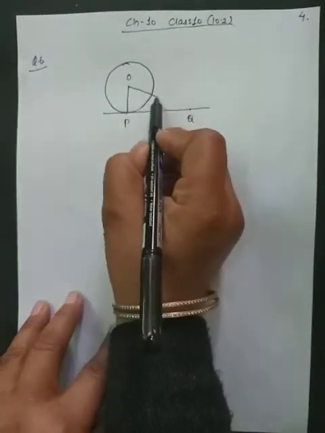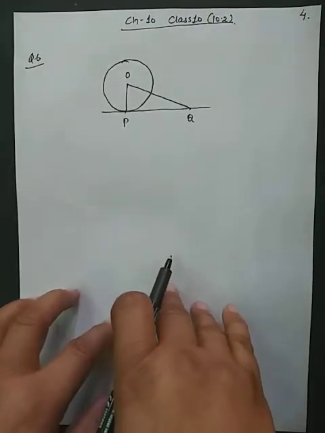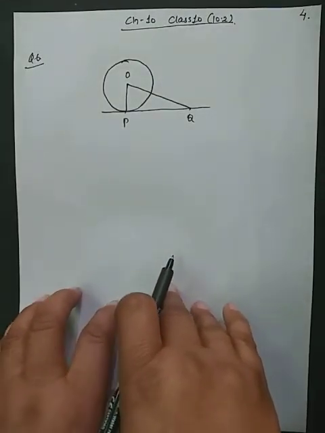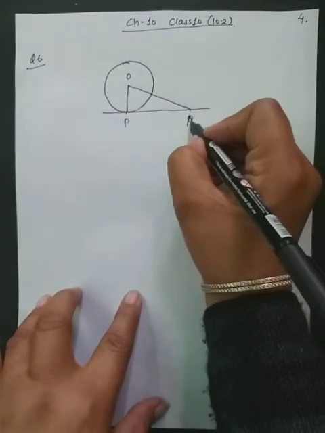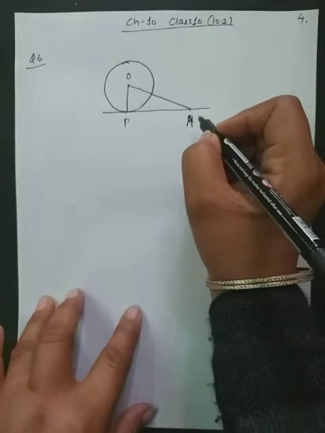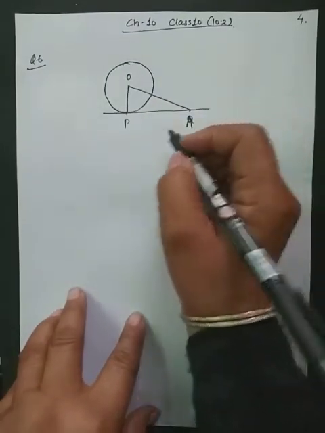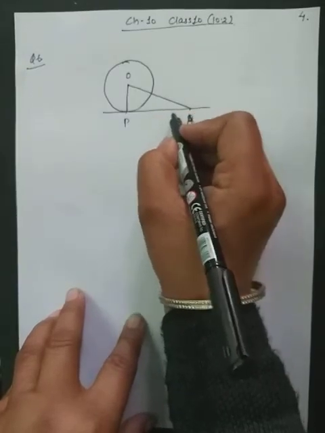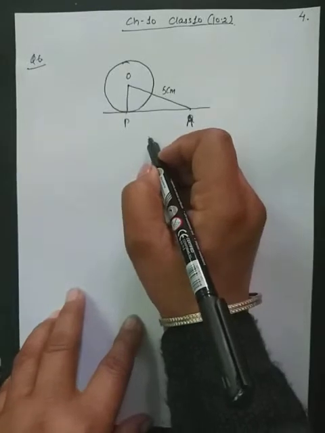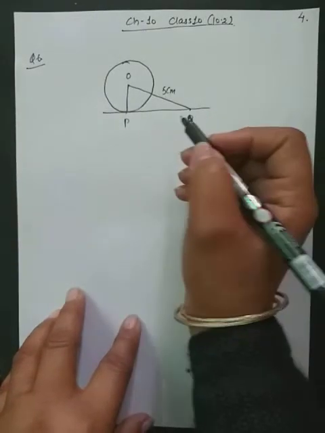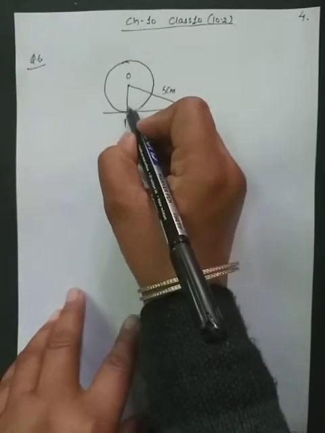So OQ is the distance of point Q from the center of the circle. The length of tangent from a point A. Sorry, this point is A given here. And this is given to us 5 cm. And length of tangent is given to us 4 cm. We have to find OP.